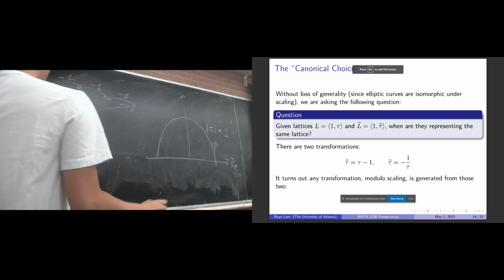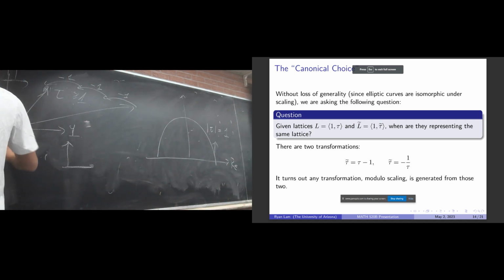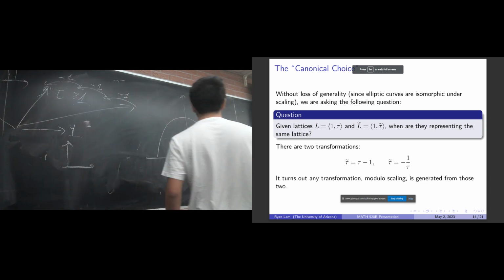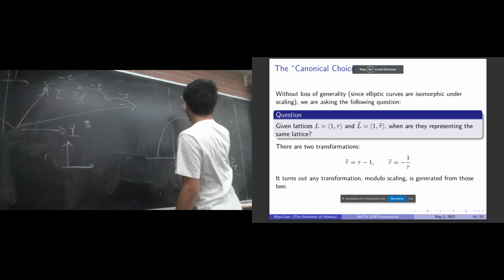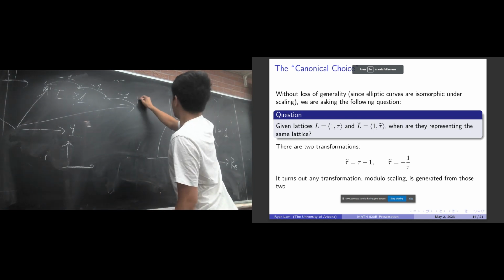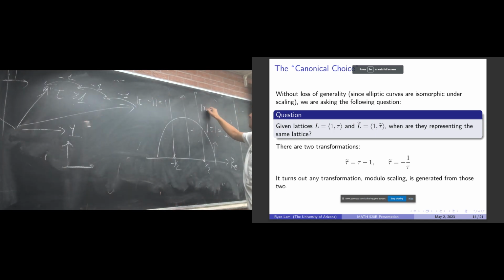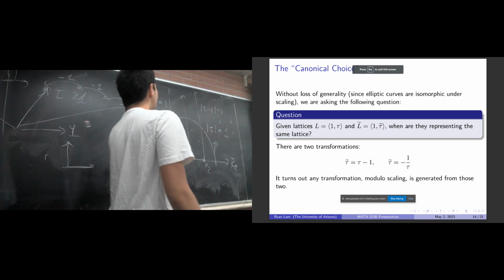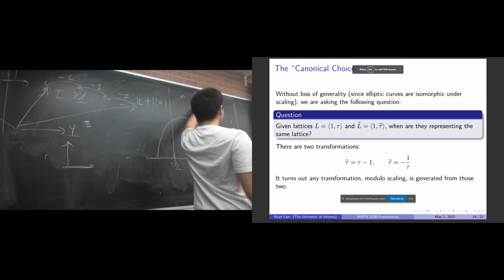Because I can bring it down and that will give me the same lattice, I actually want the distance between tau and 1 not greater than 1. So the distance of tau and -1 and the distance of tau and 1 is actually less than 1.